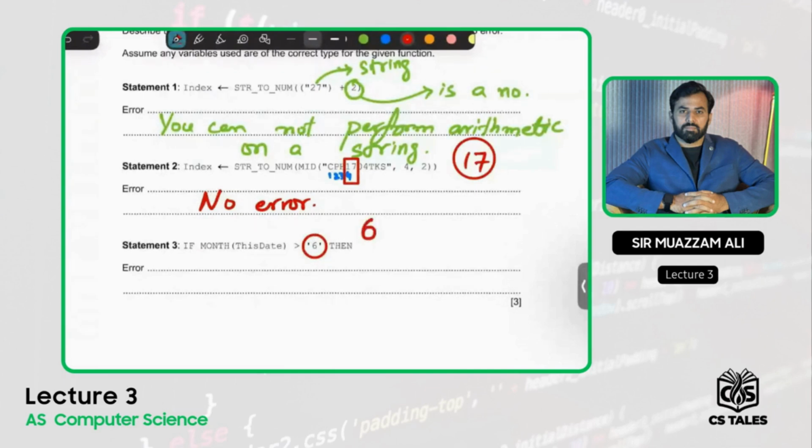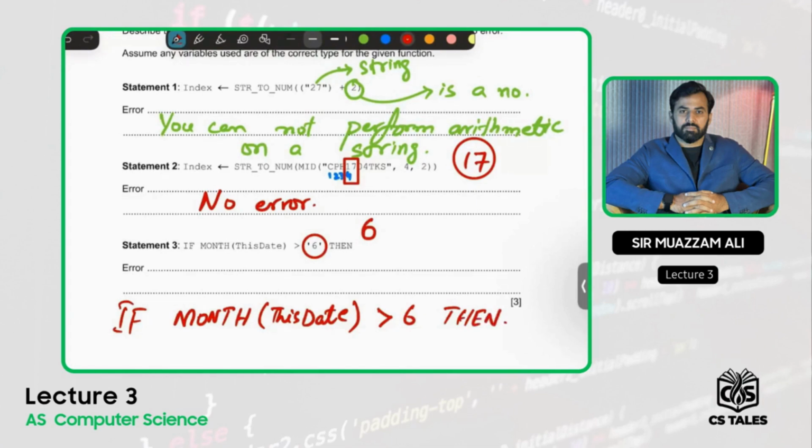So what you are returning, an integer, should be compared with a number, not with a character string. So an integer cannot be compared with a string.